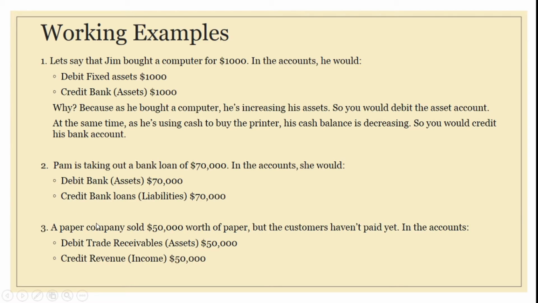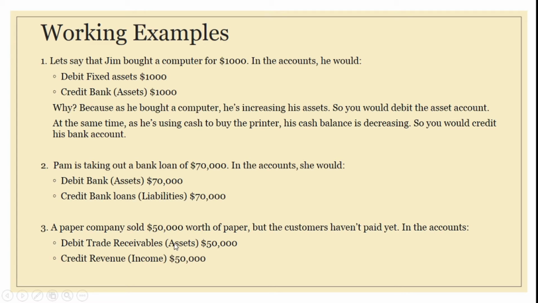Now for a third example, let's say the paper company sold $50,000 worth of paper, but the customers haven't paid yet. So in the accounts, they would debit the trade receivables by $50,000 and credit the revenue account by $50,000. Why? Well, because as the paper company sold on credit to the customers, this means that the customers owe $50,000 to the paper company.